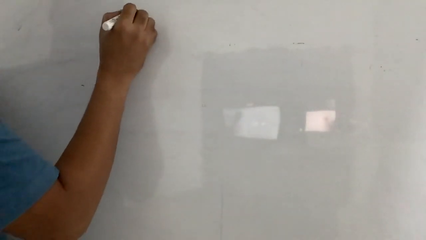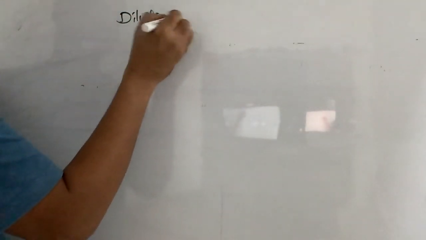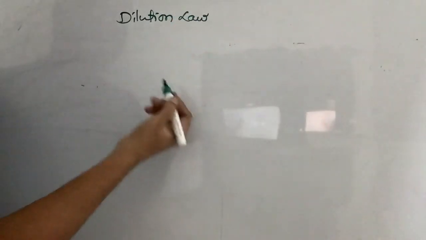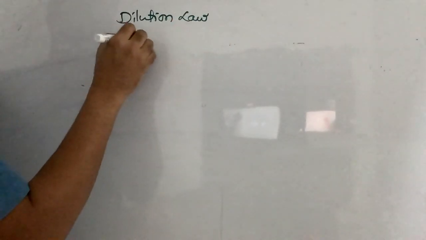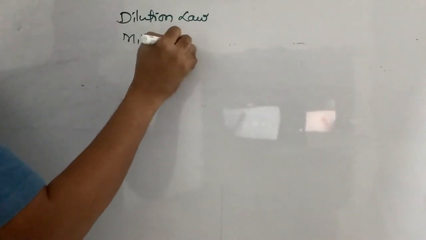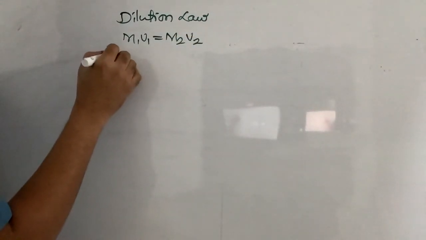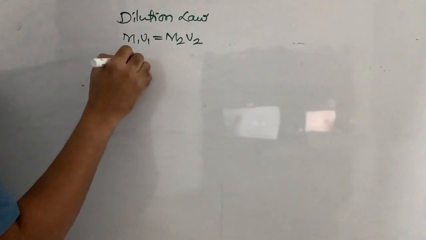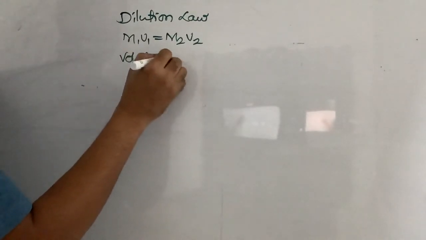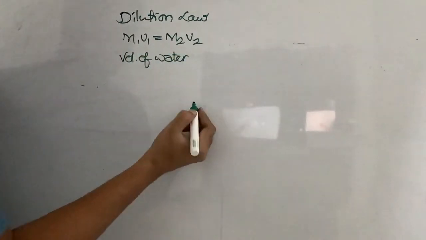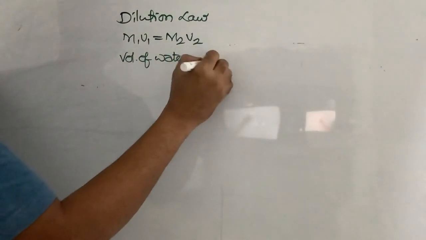Dilution law. Dilution law means when you are adding water, then M1 V1 is equal to M2 V2. Here they will ask you another question, the volume of water to be added. Volume of water to be added is equal to V2 minus V1.